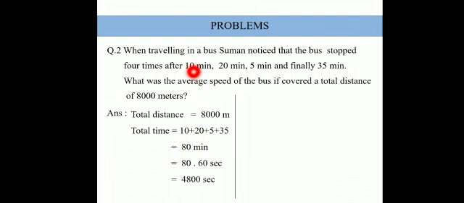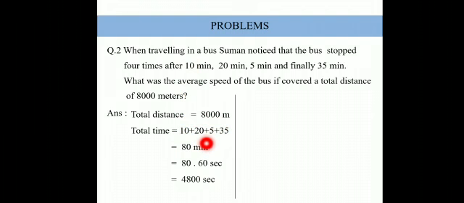Either this should be 20 minutes. I hope you will change it. So 35 plus 5 is 40, and 40 plus 40 will be 80. So the first value should be 20 minutes. Kindly make the correction, and very sorry for the mistake committed here. So this should be 20 minutes. So 20 plus 20 is 40, and 40 plus 40 will be 80 minutes.